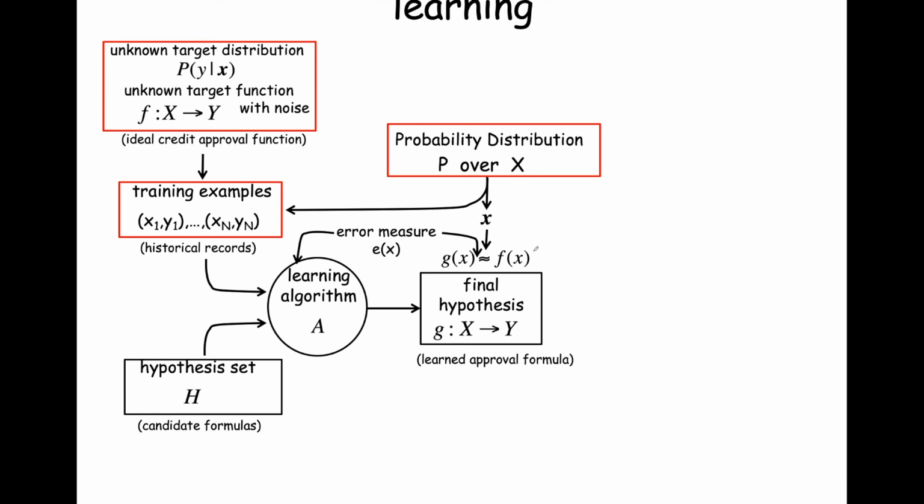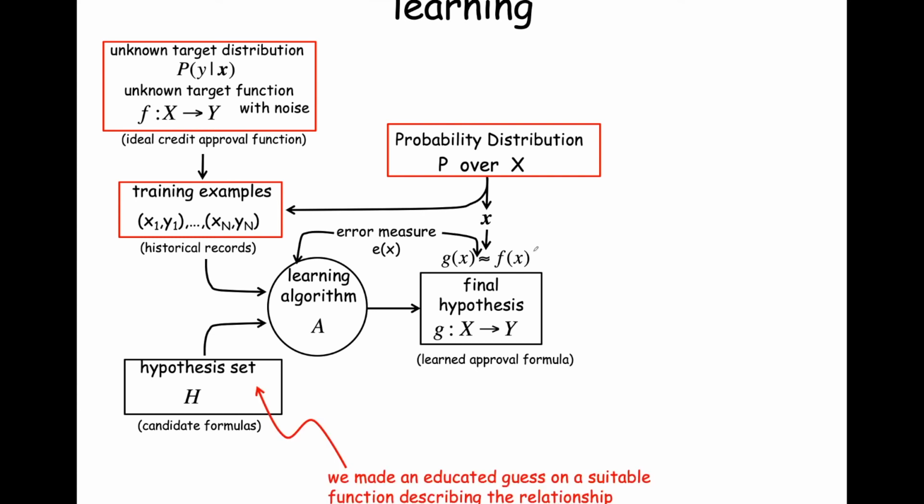As we talked about in the anatomy of a learner, we had a bunch of components, some of which you don't control, the ones in red, and some of which you do control, the one in black. We talked about this hypothesis set of candidate formulas, and we're trying to find some function that mimics the assignment of labels to features.